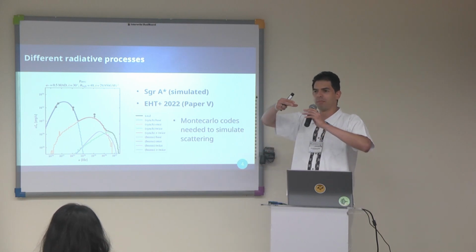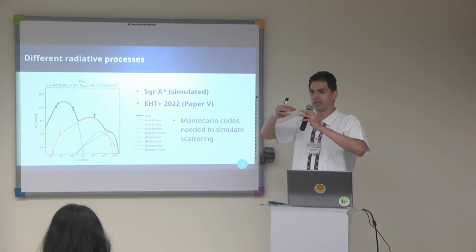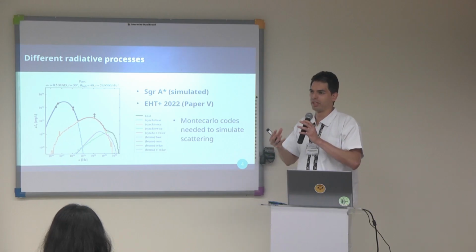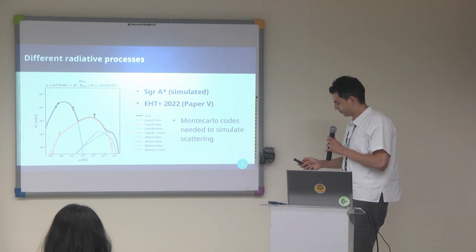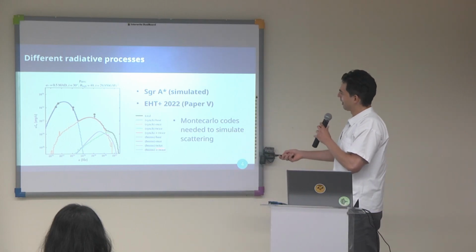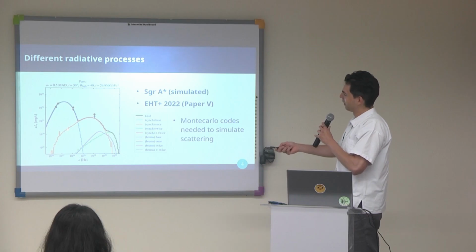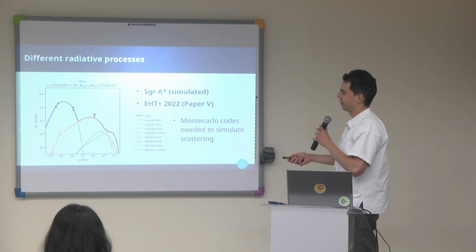And then one places a lot of detectors around the domain of the simulation. That can be something like a sphere. So, well, this is how it works, and we need Monte Carlo methods in order to calculate the full spectrum of, for example, Sagittarius A* and M87.